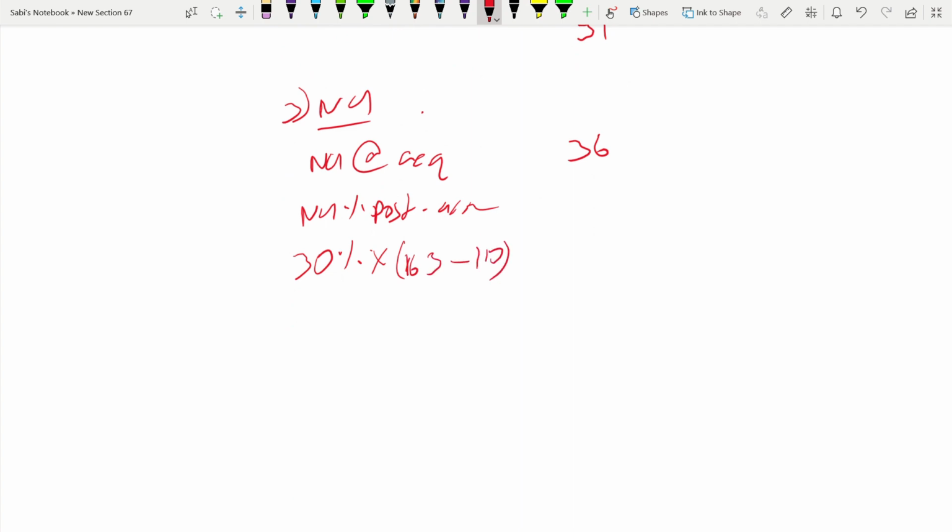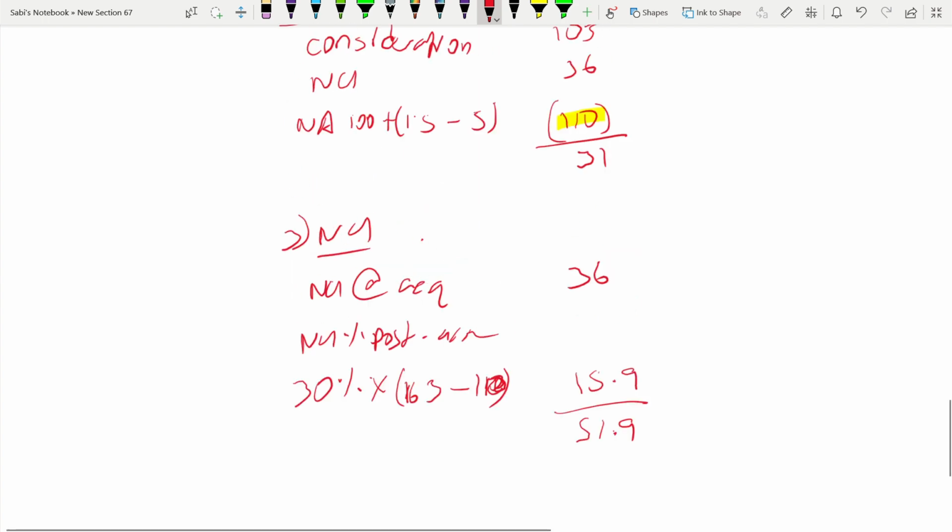You will not get this in any question. I just wanted to show you how you can pick numbers and from which area. This is 110. So it will be 15.9. Add it and 51.9.